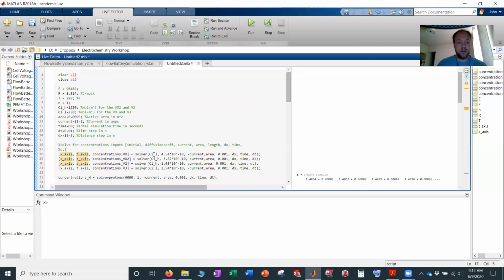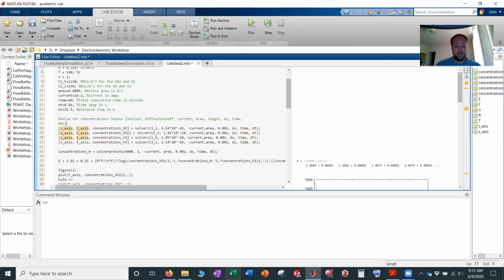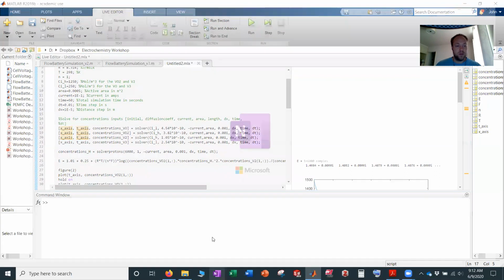So you have your initial concentration, your diffusion coefficient, your current, your area, your length, your step in space, your step in time, and then your time step. So hopefully you're getting that.